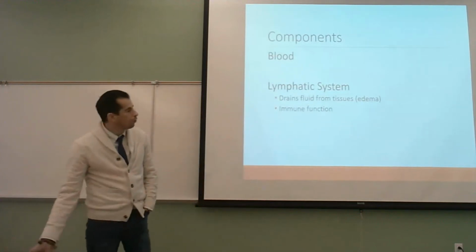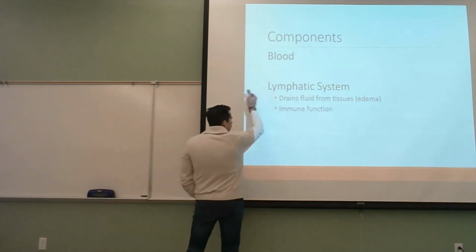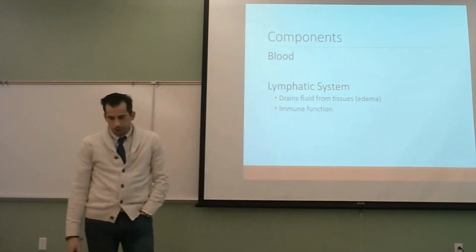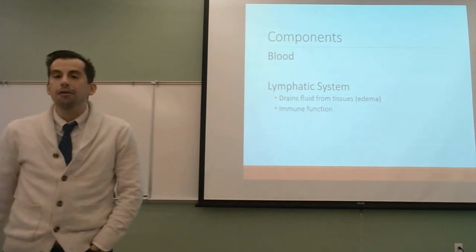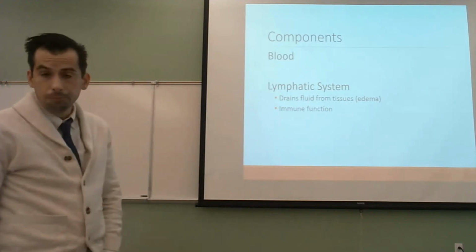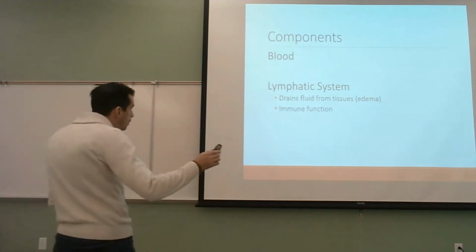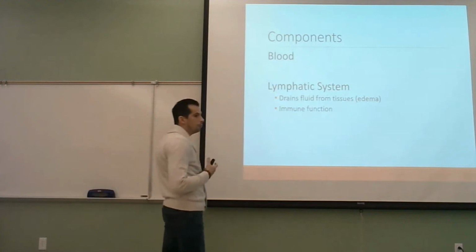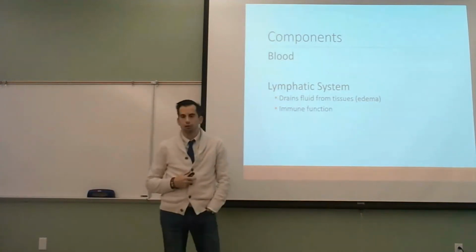Once we get done with the cardiovascular system, we're going to come right back and look at the lymphatic system, because it really is the other half of our fluid volume. We will be discussing blood and blood volume as being major regulators of blood pressure.